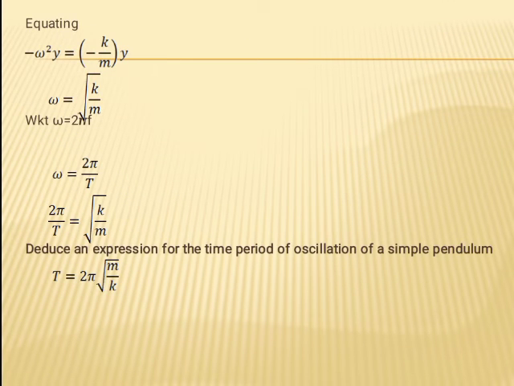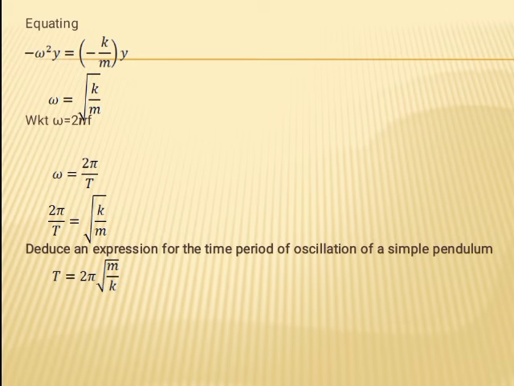Minus omega square y is equal to minus k by m into y. Now I require omega, the angular velocity. So I would rearrange this equation and put omega is equal to root k by m, where k is your spring constant or force constant, divided by m.